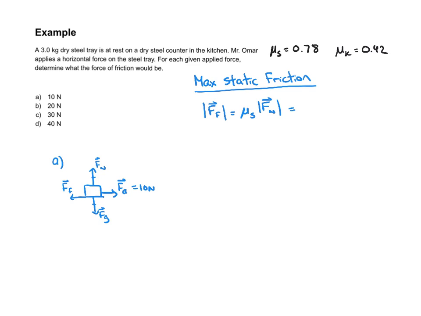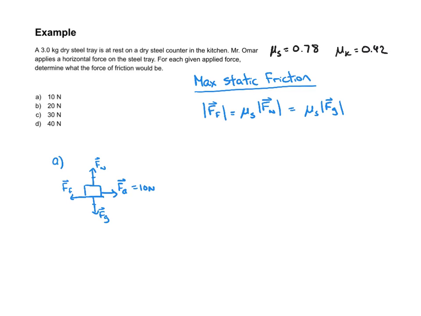As for the normal force, in this situation, the normal force is equal in magnitude to the force of gravity. This is true for a lot of situations when you're on a horizontal surface. A lot of times the normal force just equals the force of gravity. Not always though. We'll do examples where they're different later on.